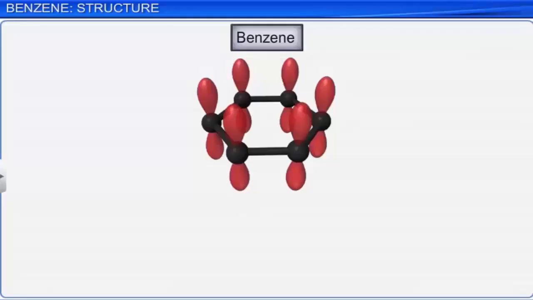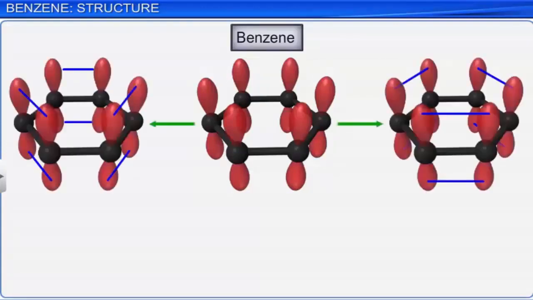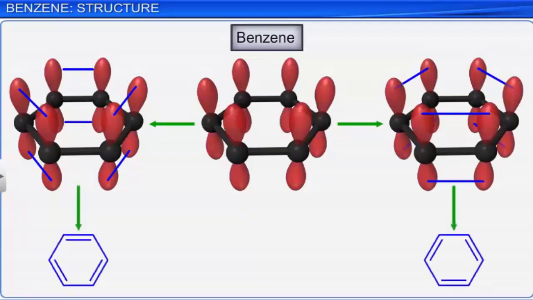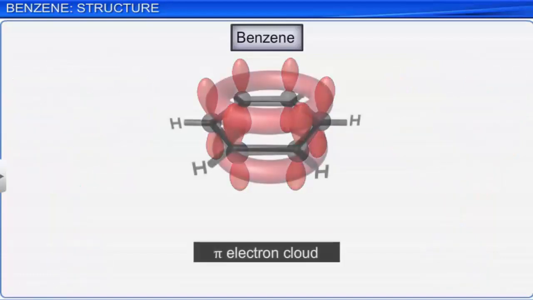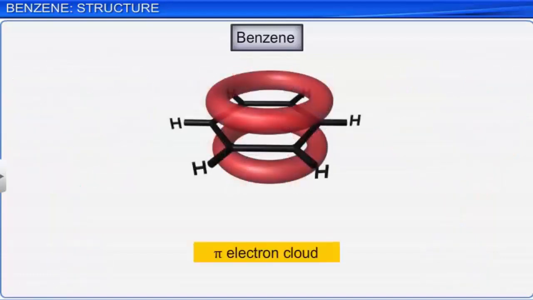These unhybridized 2p orbitals of the carbon atoms overlap each other sideways, as shown here. As there is equal probability of the p orbital of each carbon atom to overlap with adjacent p orbitals of carbon atoms, it results in the formation of two continuous donut-shaped pi-electron clouds, one lying above and the other below the plane of the carbon atoms.